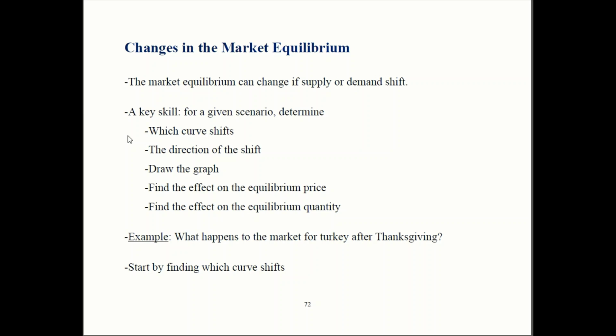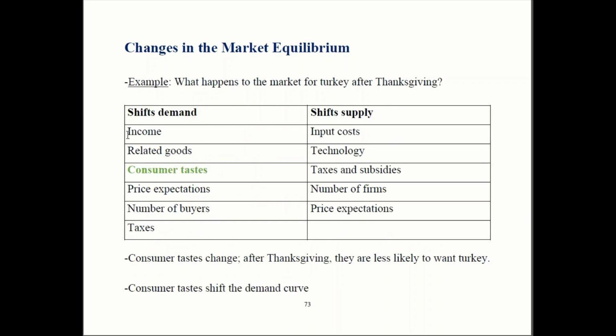Let's go to our list of factors. Here's the list we developed in the earlier episodes. We said income shifts demand, related goods shift demand, consumer tastes shift demand. That sounds relevant. Our preferences for turkey get a lot weaker after Thanksgiving. With this big surge in interest in turkey on Thanksgiving, afterwards our interest drops.